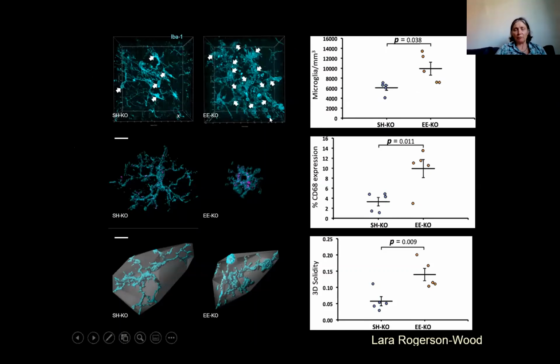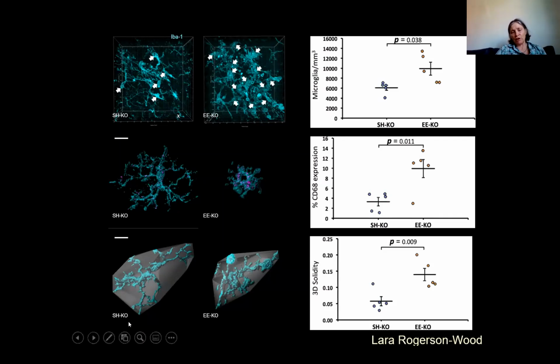Lara quantified it in numerous ways, including the density of microglia, which is increased, suggesting they've migrated into the enriched mice to chomp away at those terminals. She also looked at changes in morphology, and the percent of CD68 expression, shown here in purple, is significantly increased.